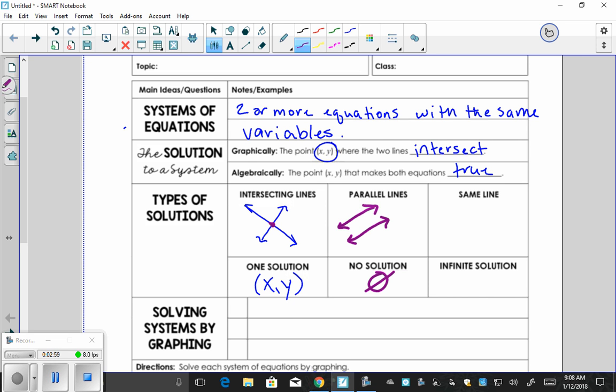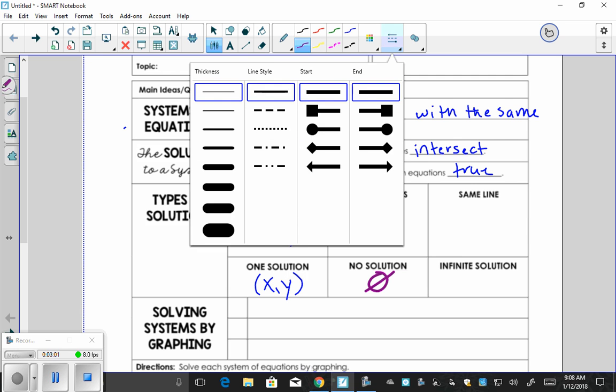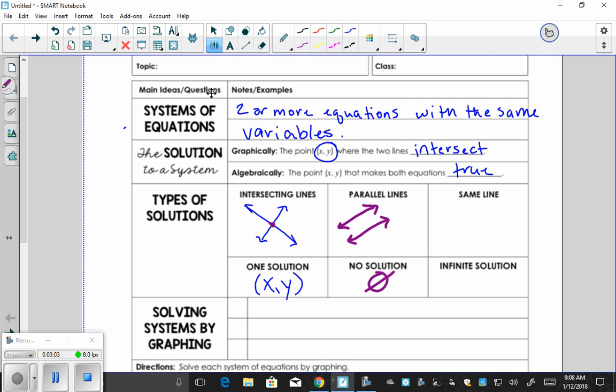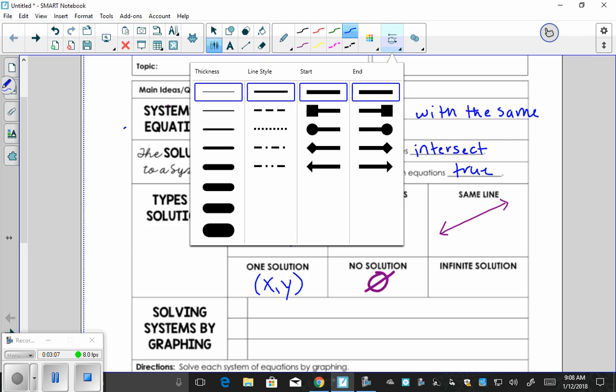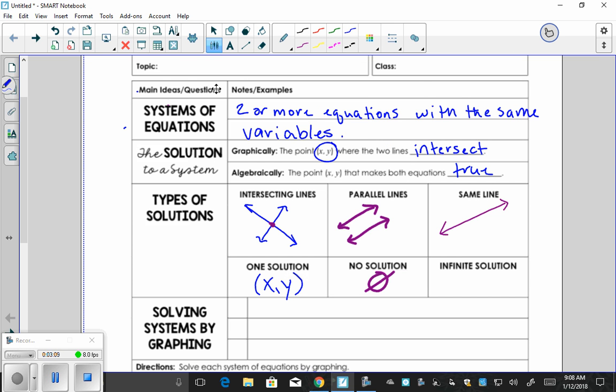What if it's the same line? For example, if I have this line and another line literally crosses right over it, it's the exact same line, how many times do those two lines cross?